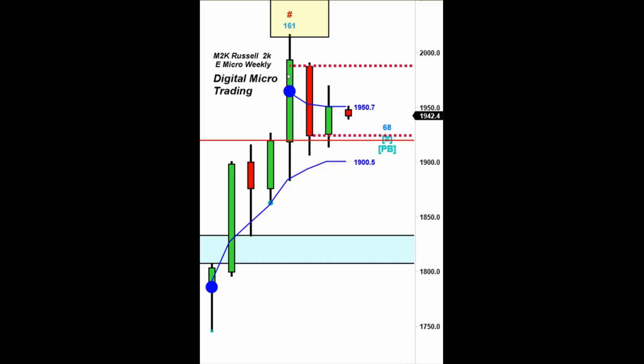Notice this is the start of February, this candle here, and note this low. Where is price likely to go based on this pattern of consolidation with lower highs, knocking on the door with these two bottom lower highs?